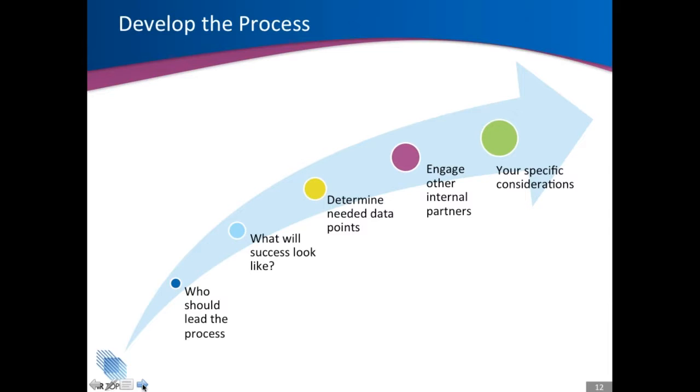It's important that you define before you begin what is a successful audit. Next step is determining what data points you do in fact need to collect. You want to make sure as part of the process you're engaging other internal partners. And we'll talk about that in a minute. And then finally, understanding what your specific considerations are.